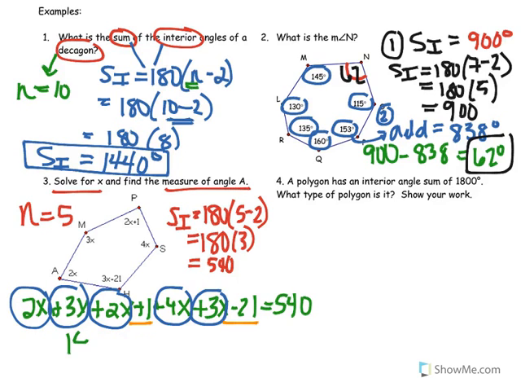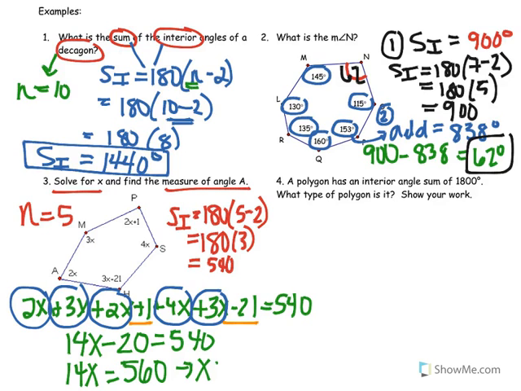So I have 14x plus 1 minus 21 is minus 20, and that's going to equal 540. And now this is an equation that we know how to solve. Add 20 to both sides, I get 14x equals 560. Divide by 14 on both sides, and we get 40. So x is going to be 40.